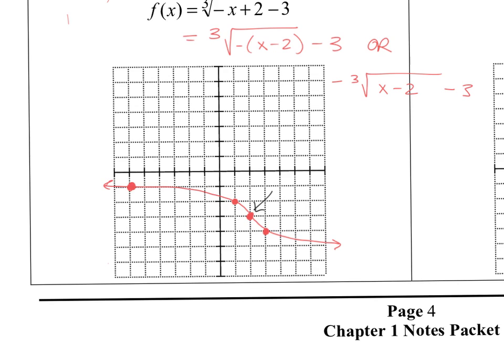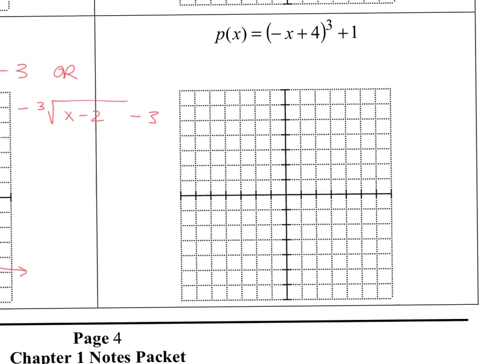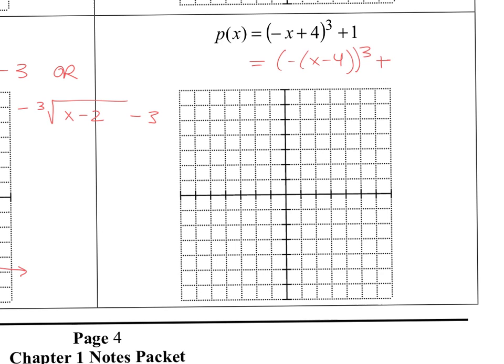Okay, and then same idea with the next example. We've got a cubic. The negative is on the inside. So I could rewrite this as negative x minus 4 and then cube it. But that negative being cubed on the inside is the same as just putting a negative on the outside. So the effect is the same.